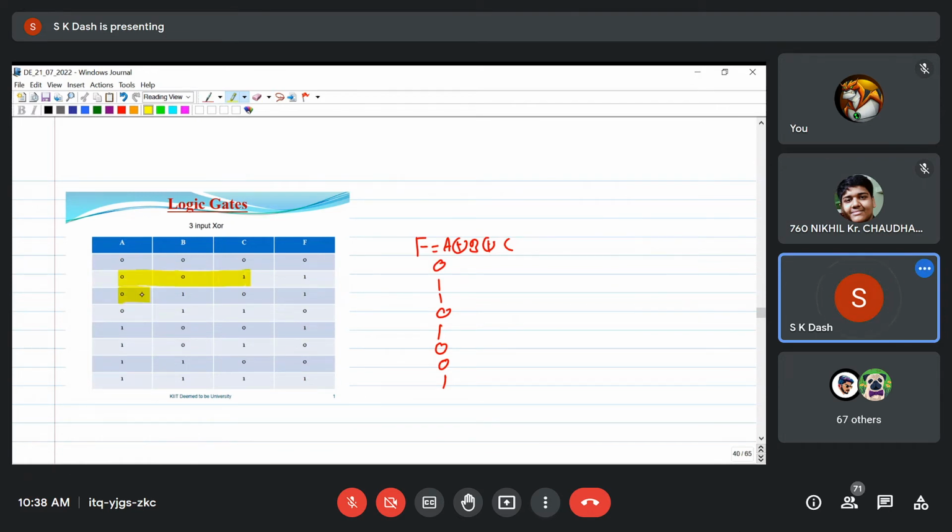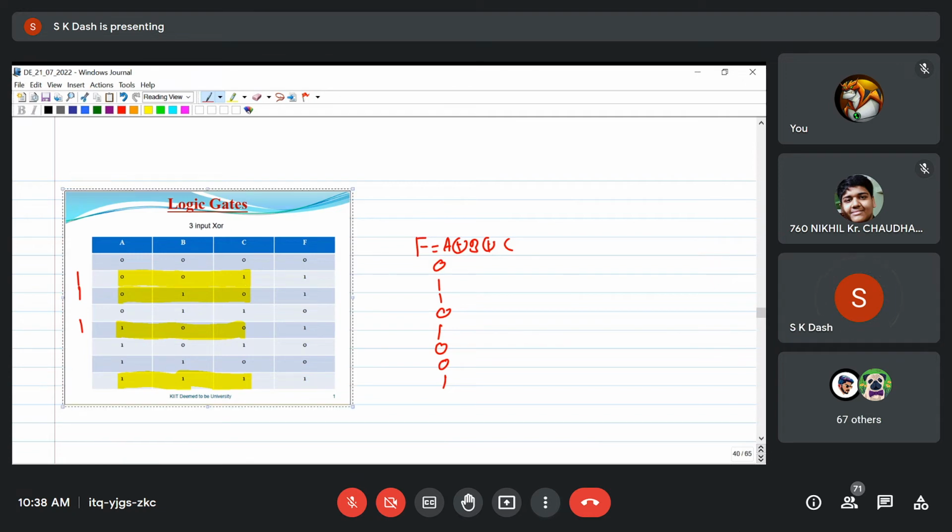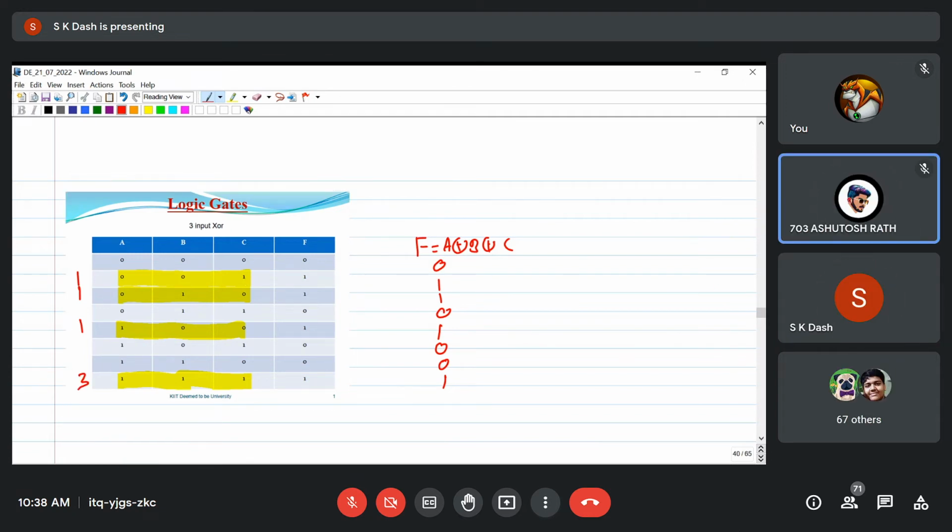This, this, this, this. Count the number of ones in those combinations. How many ones are there in each combination? In the first combination, 1. Next, 1. Here again 1. Here, 3.